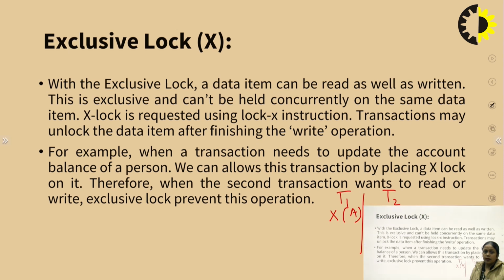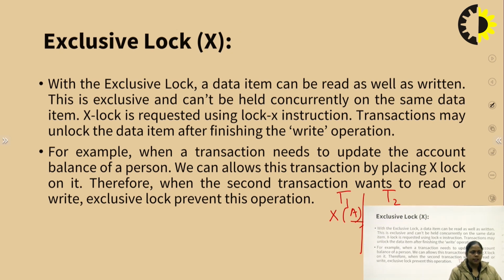If we lock the data item in the shared lock, then it is not permissible. Okay, but now again, if T2 wants an exclusive lock on A, and T1 already has the exclusive lock on A, then this is not possible.